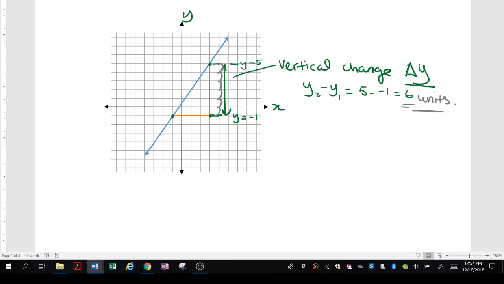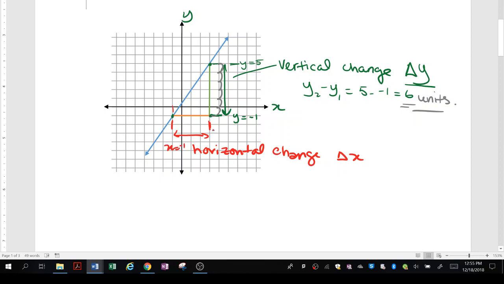Now let's take a look at the horizontal change. So from here to here, this is called the horizontal change, and we can refer to that as delta x also. Now we can do the same thing here. This value here for x, this is where x equals -1.